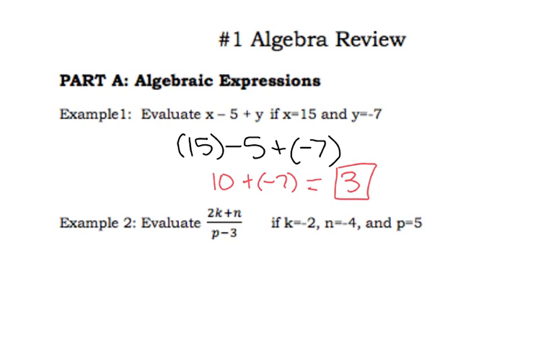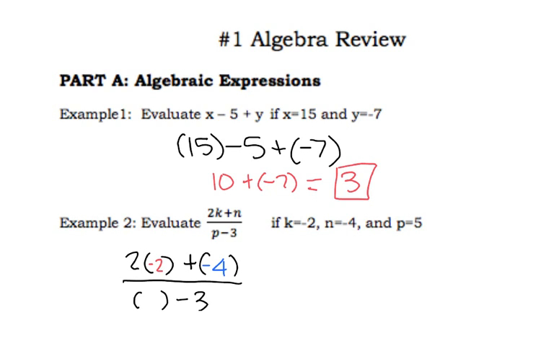All right, let's try this again. Example 2. Evaluating for 2 times k plus n, all divided by p minus 3. They tell us that k is -2. They tell us that n is -4.